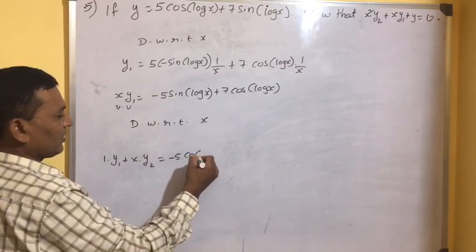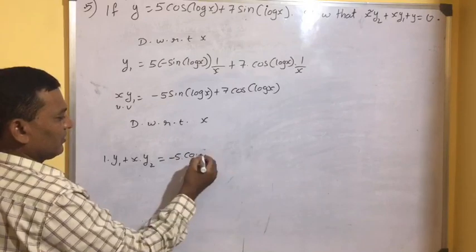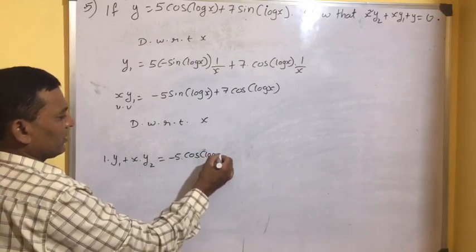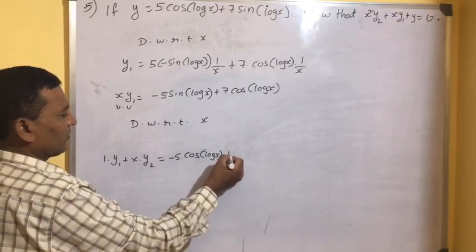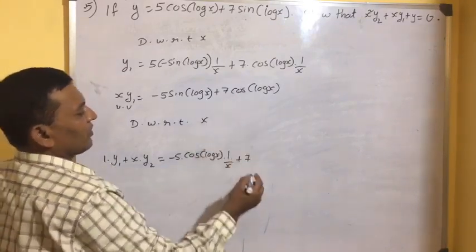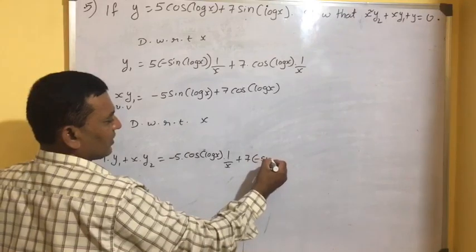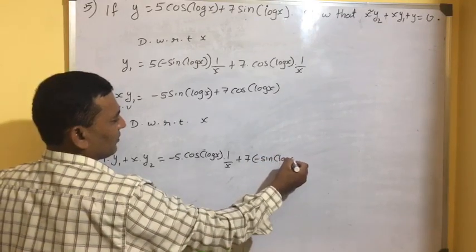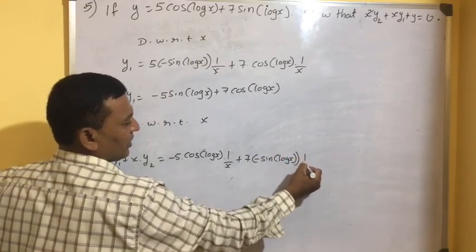Differentiation of sine is cos, write cos of log x as it is. Then according to chain rule, for log x the differentiation is 1 by x. Again plus 7 as it is. For cos the differentiation is minus sine, write log x as it is. For log x again according to chain rule, it is 1 by x.